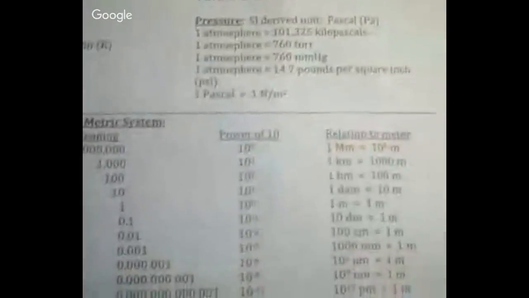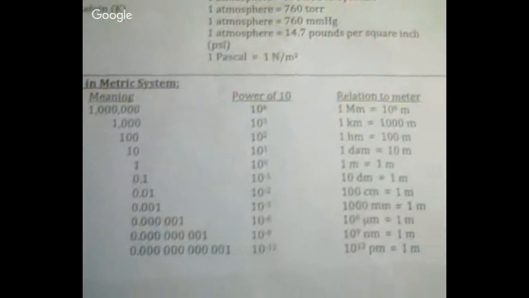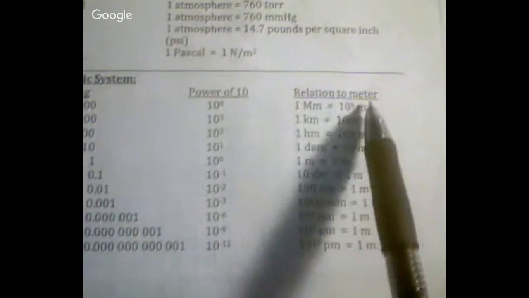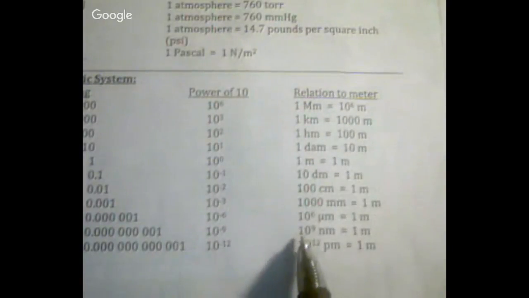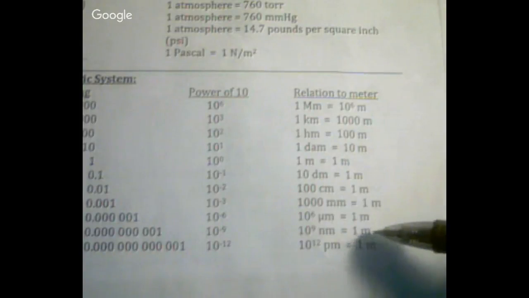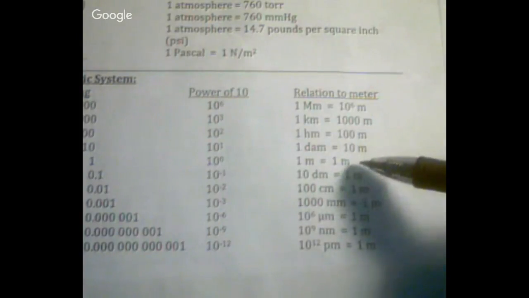Real quick, if you're just like, I don't understand, on the last column there's the relationship to meter. You can also use that, and that actually just gives you one of the relationships we talked about. It says 10 to the 9th nanometers equals 1 meter. Why I don't like this as much is because it relates everything back to the meter, which is good, and in this instance it also works for this problem.